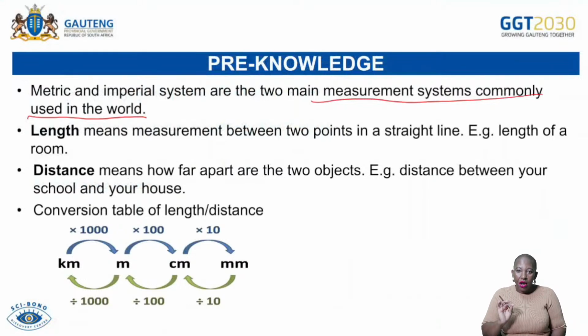If I'm driving or walking, I will measure how many kilometers I walked, ran, or drove. Then meters are used when we are measuring a bigger part, like when they're building a house. And when we draw on paper, that's where we use centimeters and millimeters.